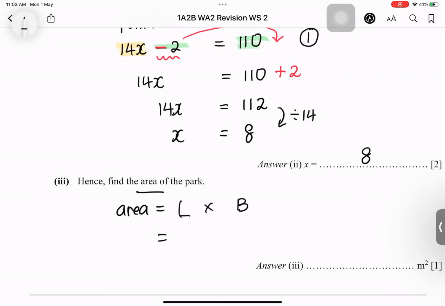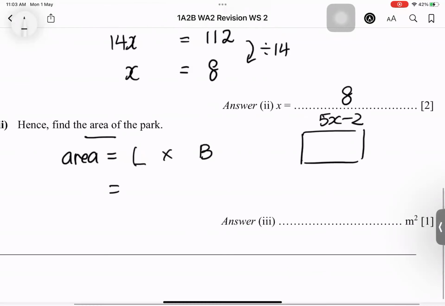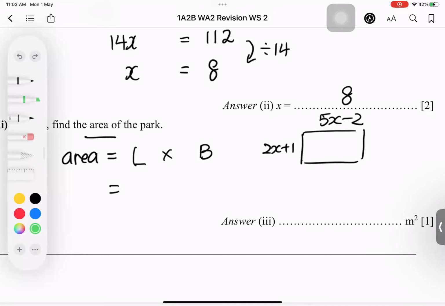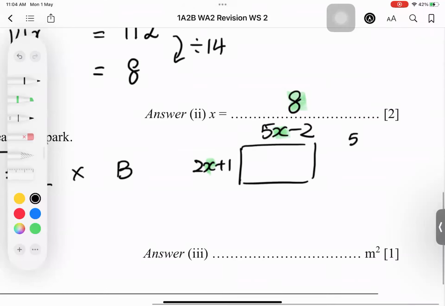Very good. So our rectangle was 5x minus 2 on top, then 2x plus 1. But now we already found x to be what number? x is 8. So we can put x equals 8 inside. So 5 times 8 minus 2, 40 minus 2, 38. So this number is now 38.